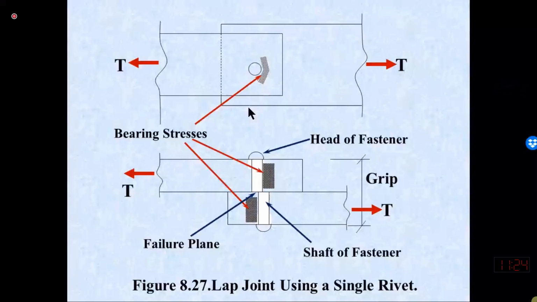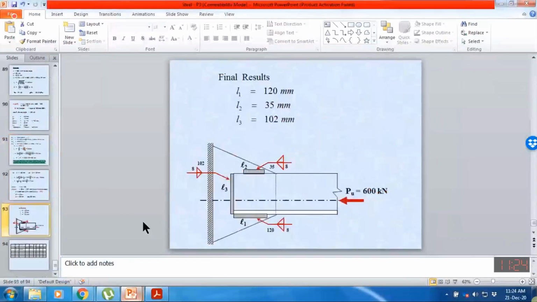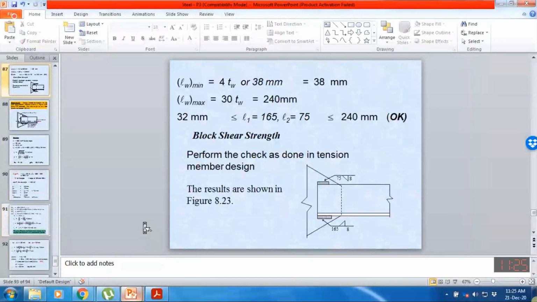I will copy it over here. In this fastener type of connection, instead of using this formula, we are going to use this formula, which is similar to the formula that we used to design the length of the weld.